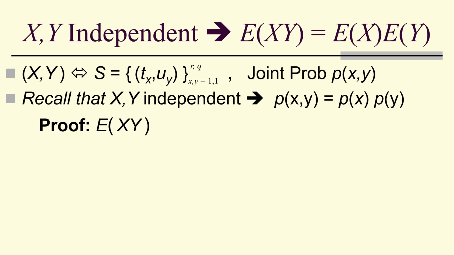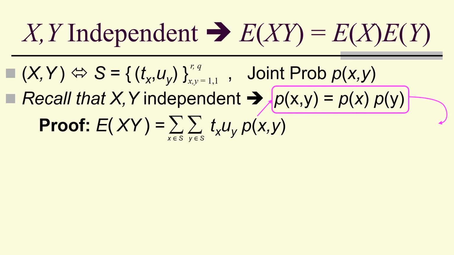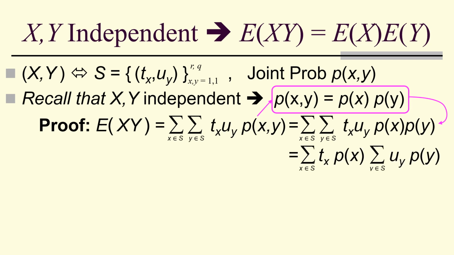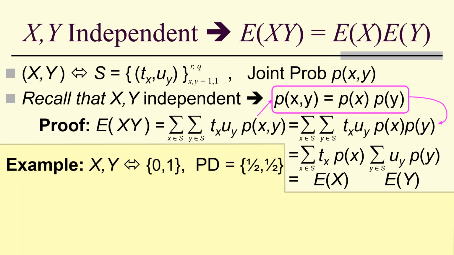We take the expected value of X times Y, which is the double sum over x in S and y in S of t sub x, u sub y, p of xy. But p of xy is the product p of x, p of y. So now we bring the p of x through the sum over the y, and we've got E of X, E of Y.